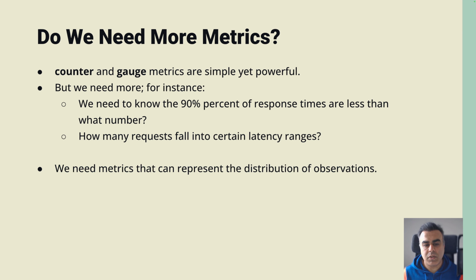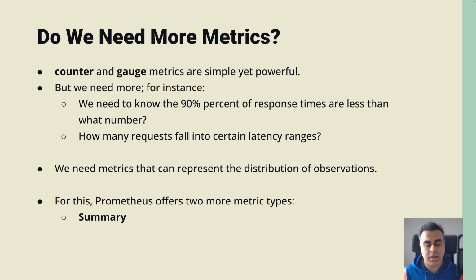Such metrics represent the distribution of observations, and that's where we need more metrics. There are two more metrics that Prometheus presents. One is the summary and the other one is the histogram metric.